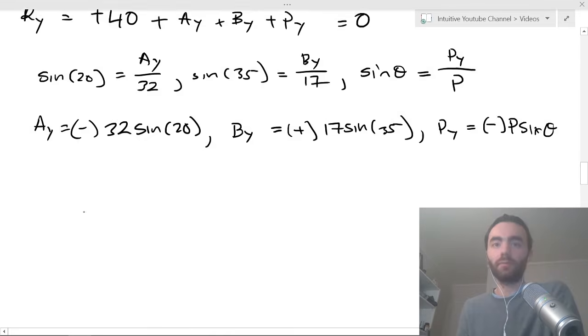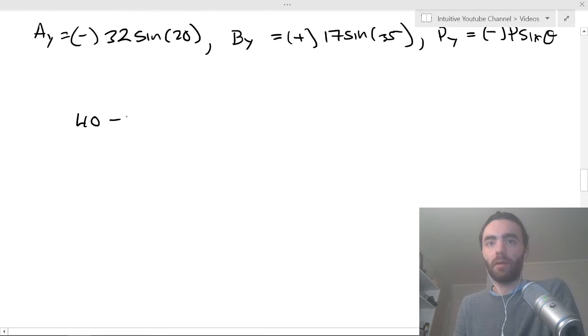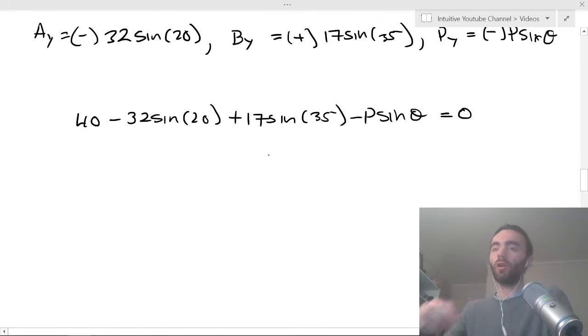Okay, so let's put all that in. So we get 40 minus 32 sine 20 plus 17 sine 35 minus P sine theta. And I hope this is useful, me really taking my time through these instead of just whizzing through them.